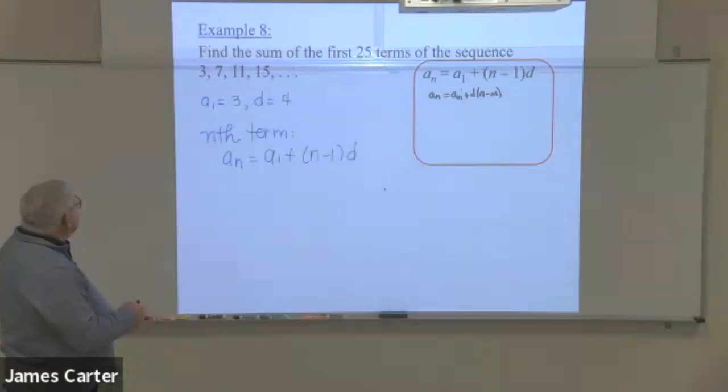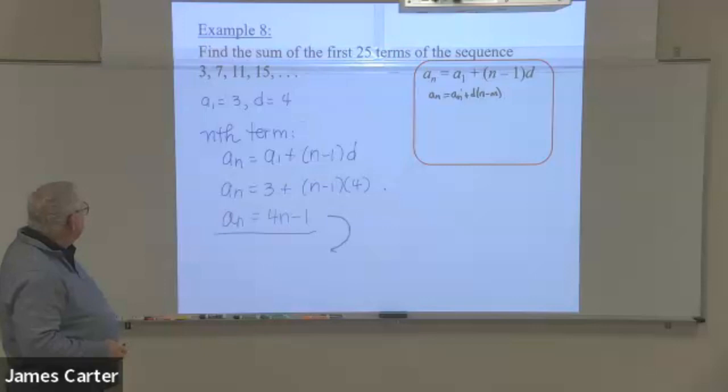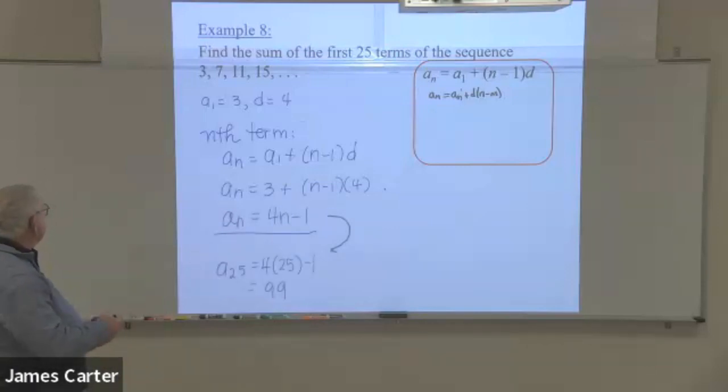In this case, find the sum of the first 25 terms of a sequence that starts off like this. Okay. Well, we can do that. And what are we doing here? Well, here's the first term. Common difference is 4.